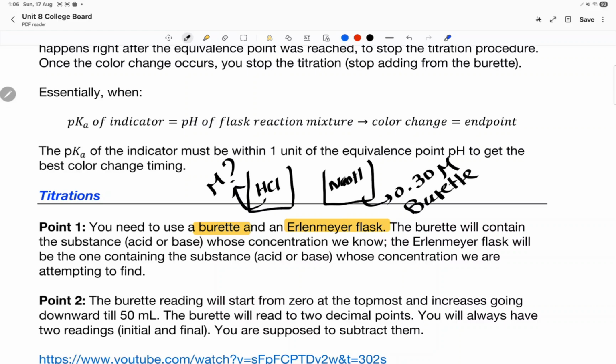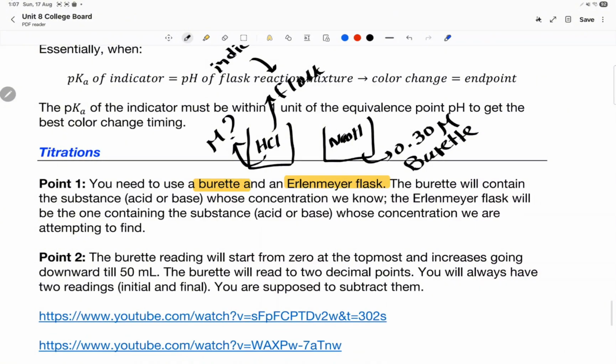And the one whose concentration we're trying to find will go inside the flask. The indicator will also go in the flask. So the substance whose concentration you don't know goes in the flask. What also goes in the flask? The indicator. Okay? The indicator is a color? It will change color at a certain point, yeah.